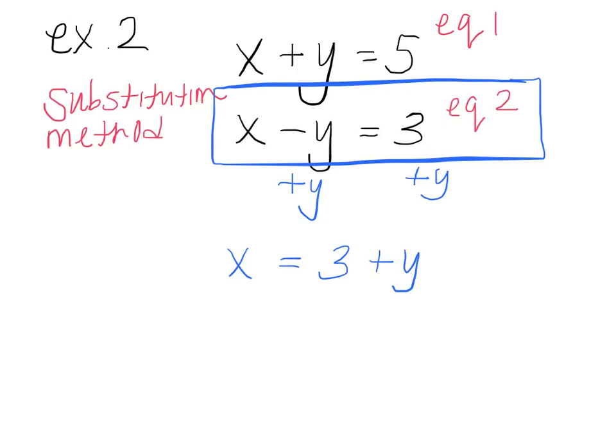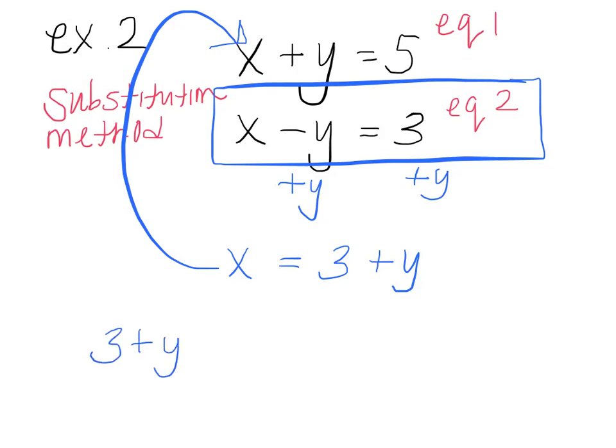Since I already used equation 2, I don't want to use that one again. I'm going to go to the unused equation. So I'm going to substitute this in to equation 1. Because I know that x is 3 plus y, I can substitute it in. So I get 3 plus y, so that's where my x was.